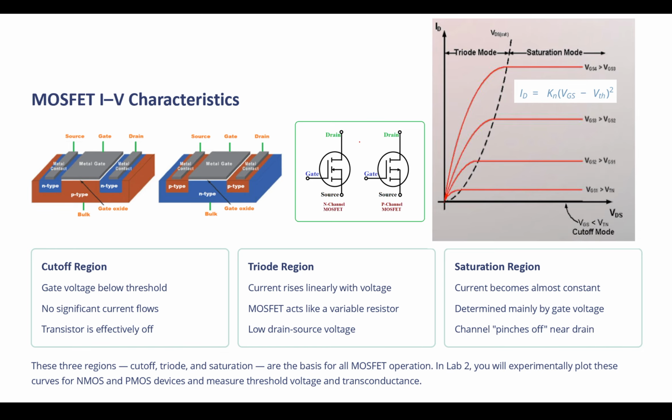Okay, so if we have a P type, like the one colored in red, in between the two N type semiconductors, we are going to have a P channel MOSFET. Okay, as you can imagine, the other type, which has an N type semiconductor in between the two P type, is going to be an N channel MOSFET.